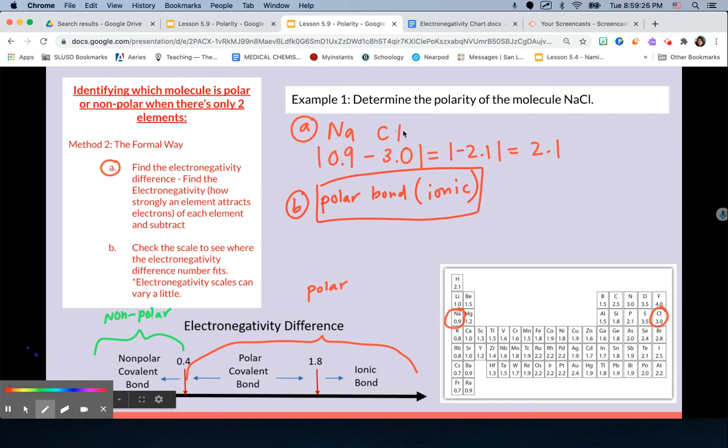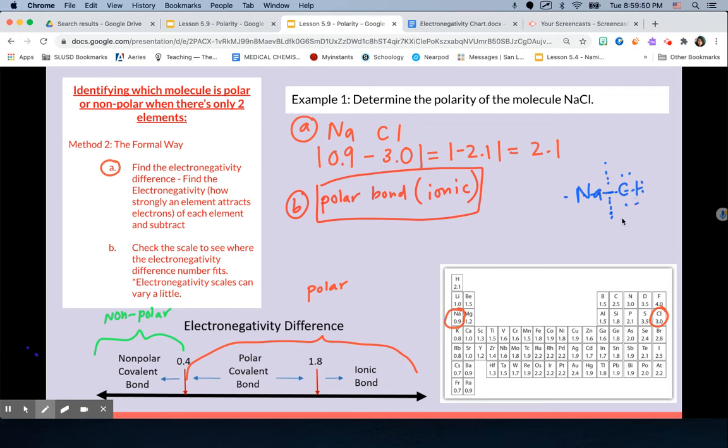And if we double check the first method, where I just had you draw the Lewis dot structures, let's do this in blue. If I draw out the Lewis structure of NaCl, it would look something like this. And if I split it in half this way, my left side and my right side are not even.